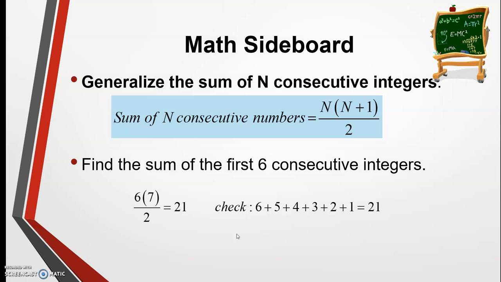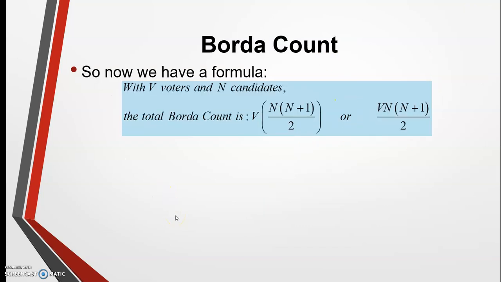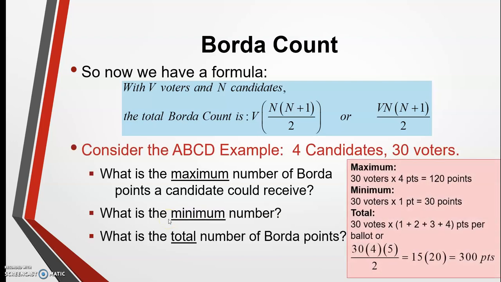So using this part of the formula along with the formula from the previous, we can now write our formula for the total number of Borda count points in an election: V times n times n plus 1 divided by 2, where V represents the number of voters and n represents the number of candidates. So now let's look at an example, and I'll let you take a few minutes to review those.